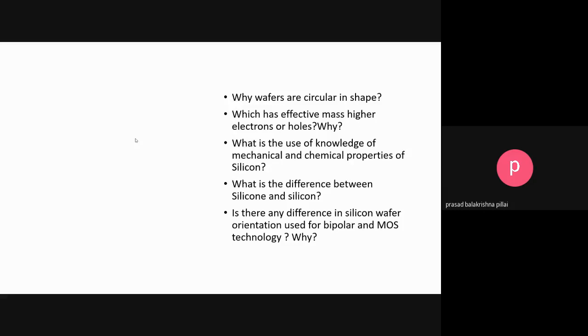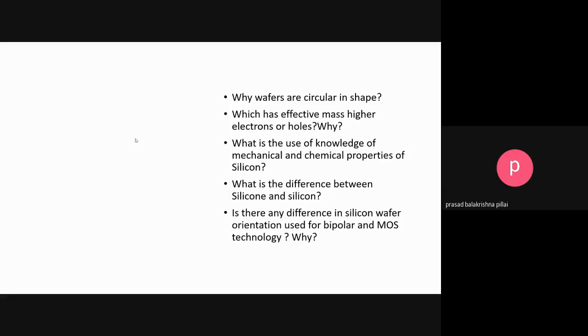So now the next question: the difference between silicone and silicon. This was one of my all-time favorite questions. Silicone is a polymer, actually a hydrocarbon. Like when you used the vacuum pump in some experiment on the ground floor, the oil used in the diffusion pump is silicone oil.